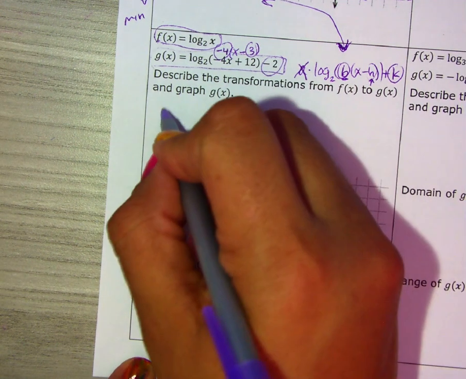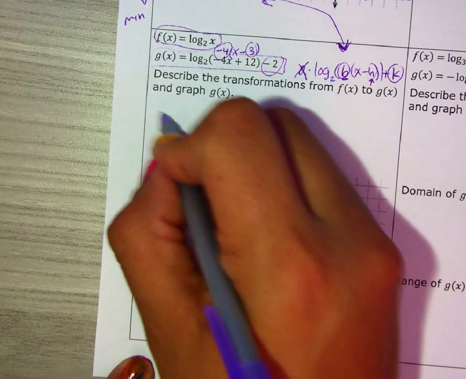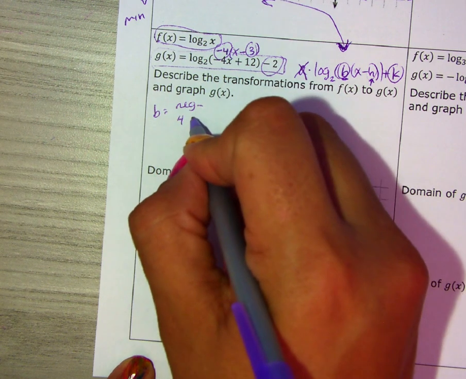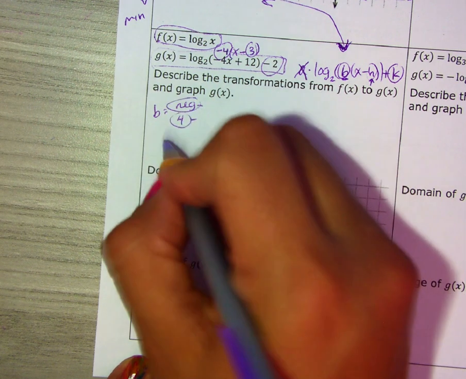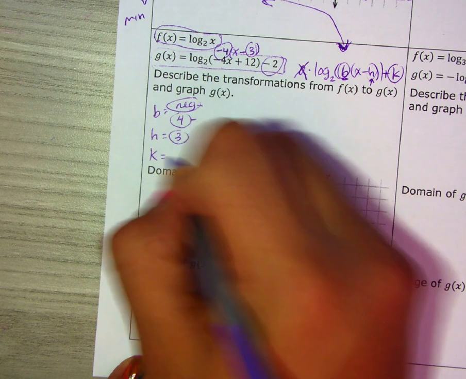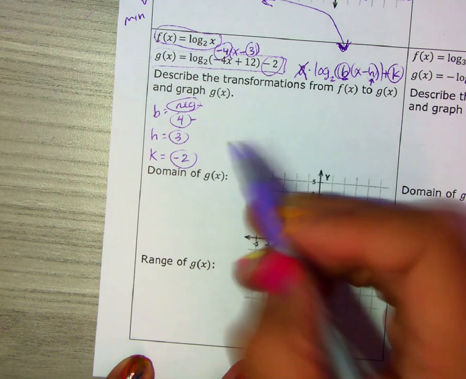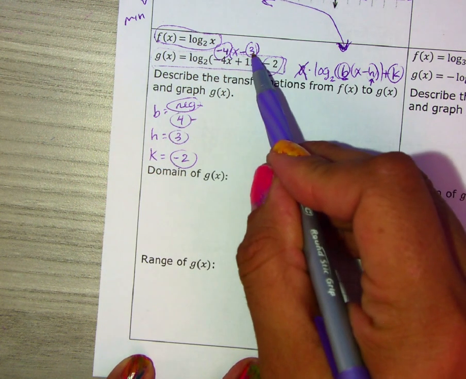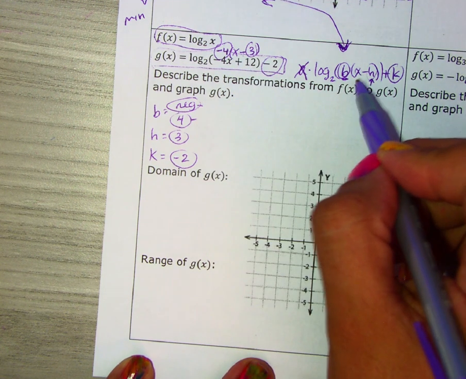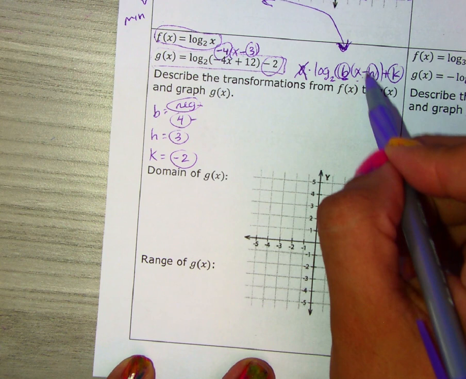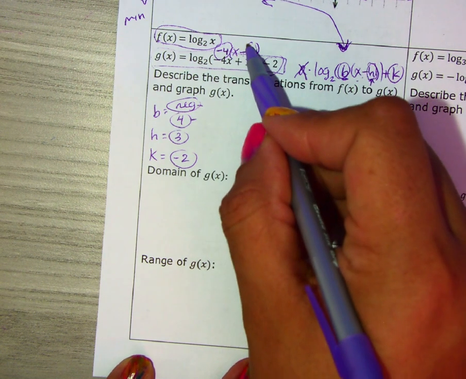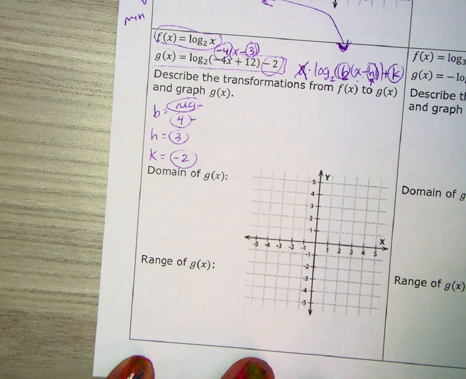So we're going to have 4 descriptions: when the b value is negative and when it's 4, and the h value when it's 3, and the k value when it's -2. And I know you see -3, but I'm only circling 3 because if you look at the template, it's x minus h. H is by itself, not including the minus. So here the 3 is by itself, not including the minus.